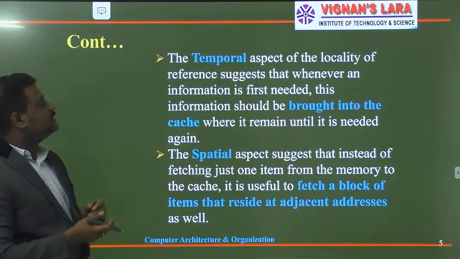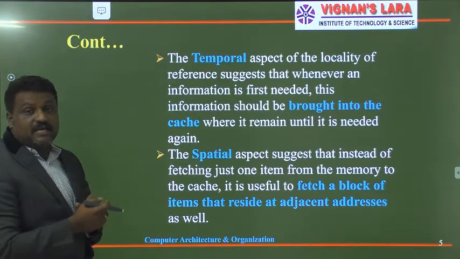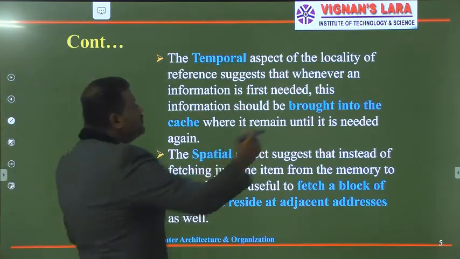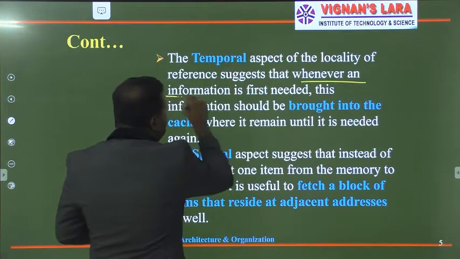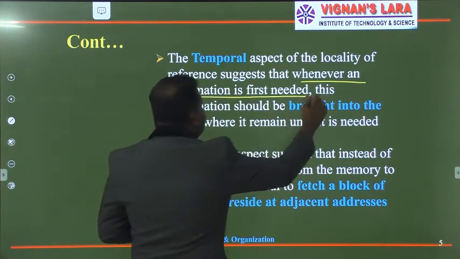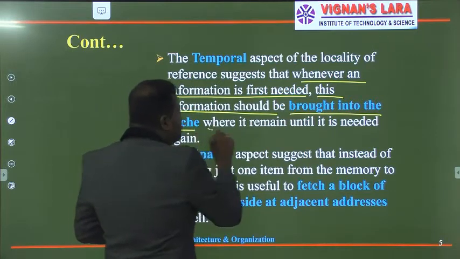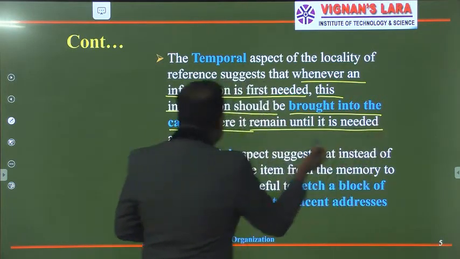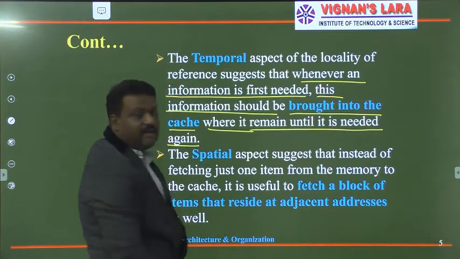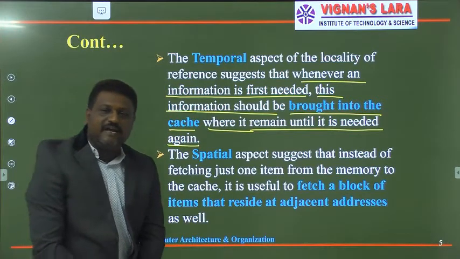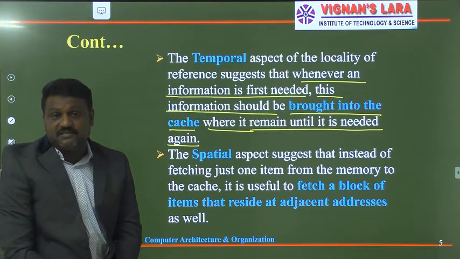The temporal aspect of the locality of reference suggests that whenever information is first needed, this information should be brought into the cache where it remains until it is needed again. But what exactly does temporal locality of reference suggest?